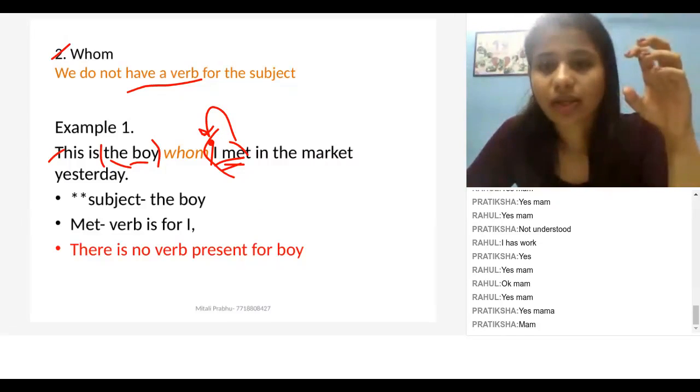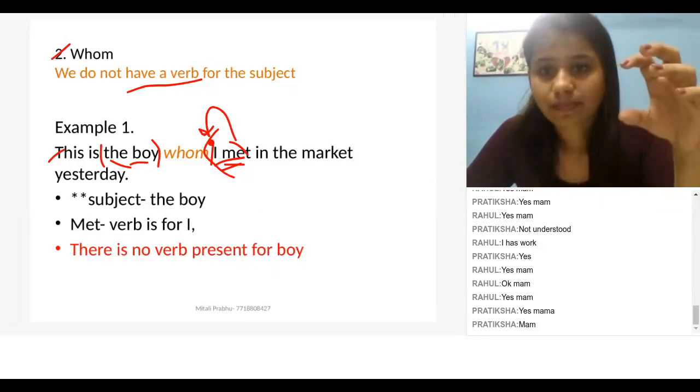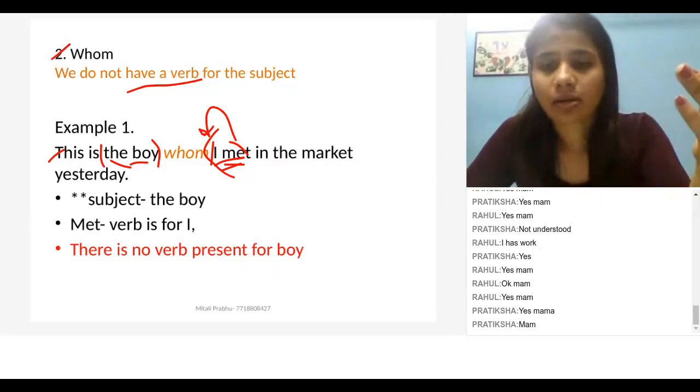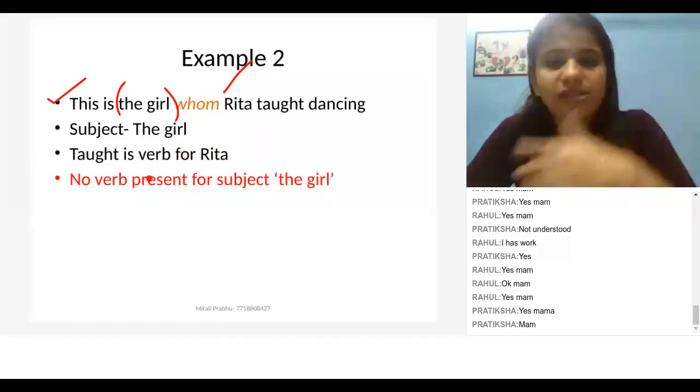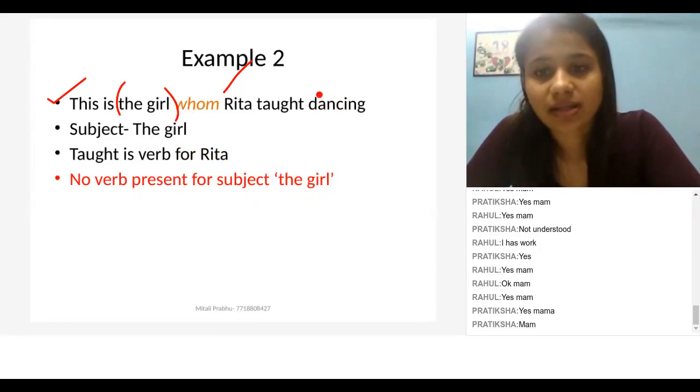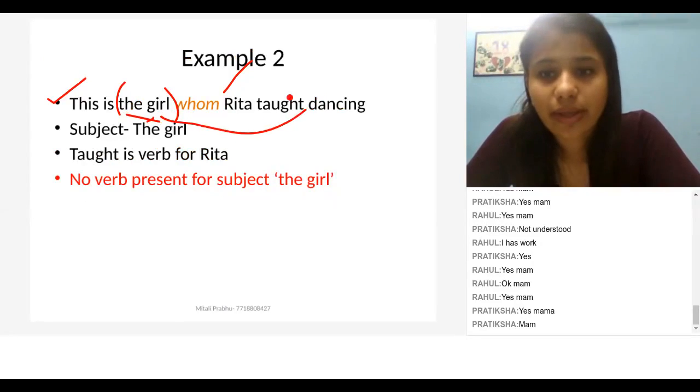The girl is the main topic of concern, and there is no verb for that topic. The verb taught is for Rita. So then we use whom.